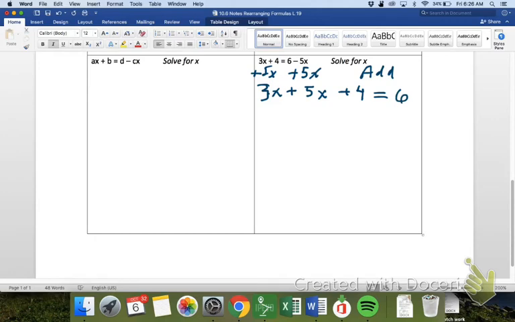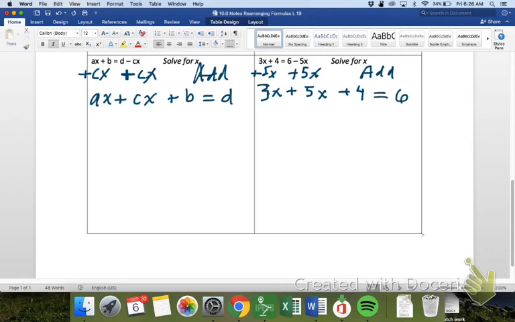Okay? Now if I come back over to my equation with more than one variable, I would add the cx term over to the other side. And I get ax plus cx plus b is equal to d.